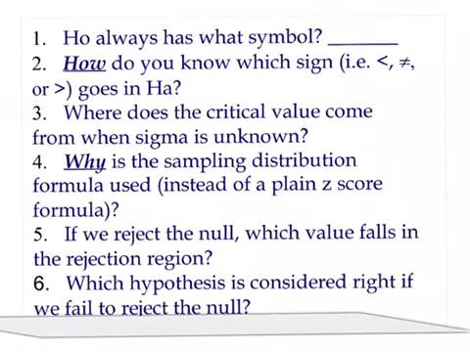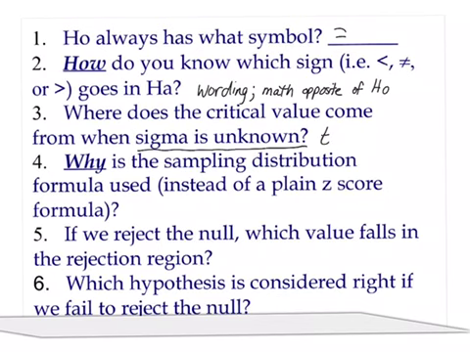So you should be able to answer these questions. HO always has an equal sign. How do you know which sign goes in HA? It's from the wording of the problem. It's also the mathematical opposite of HO's. The critical value when sigma is unknown comes from the t-table.